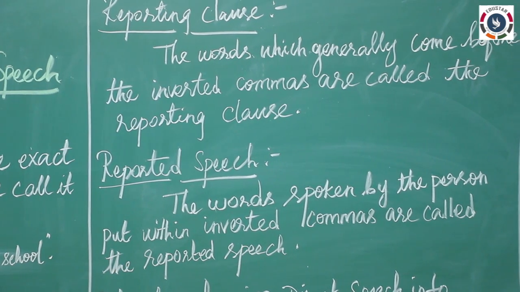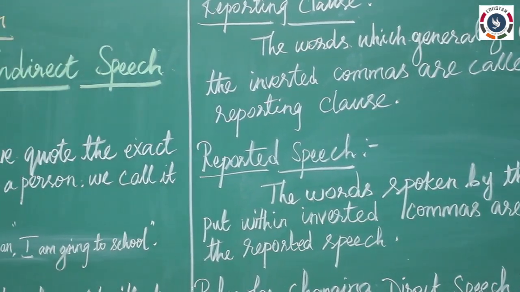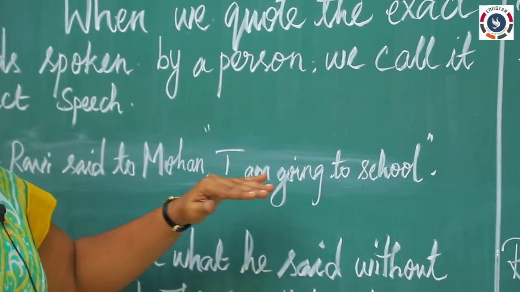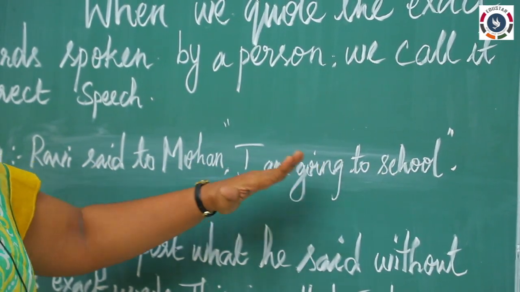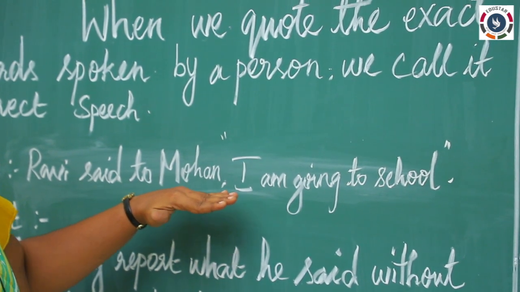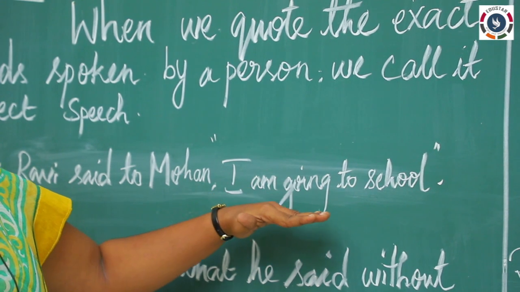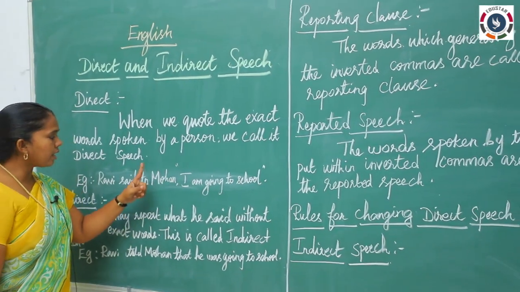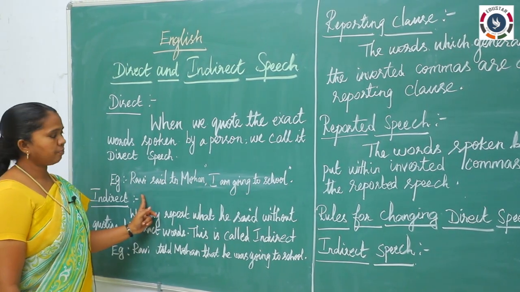Look at this example now. Ravi said to Mohan, "I am going to school." So in this sentence, there are two parts. One is reporting clause and another one is reported speech. I have written something there before inverted commas.